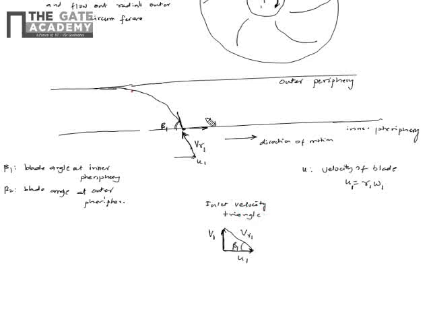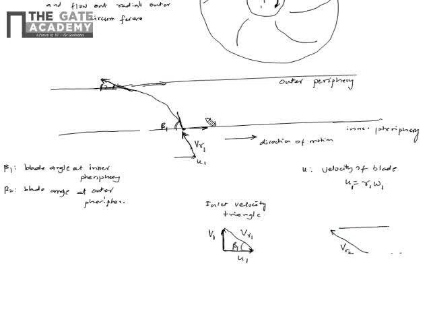Now at the outlet, this is how it goes. The relative velocity is like this, tangent to the blade surface at the outlet, and this is your beta 2. So at the outlet, vr2, the relative velocity, is in this way, and u is always in this direction because this is the direction of rotation.